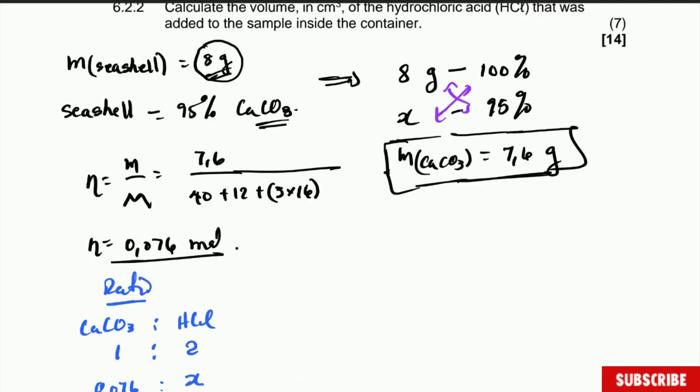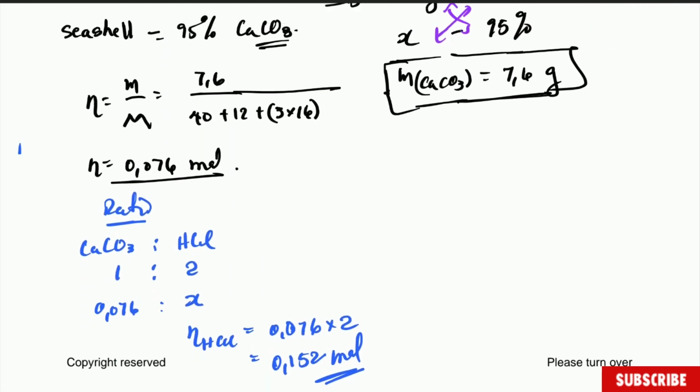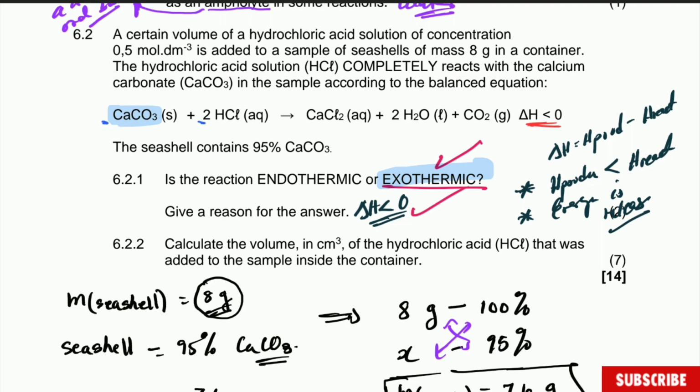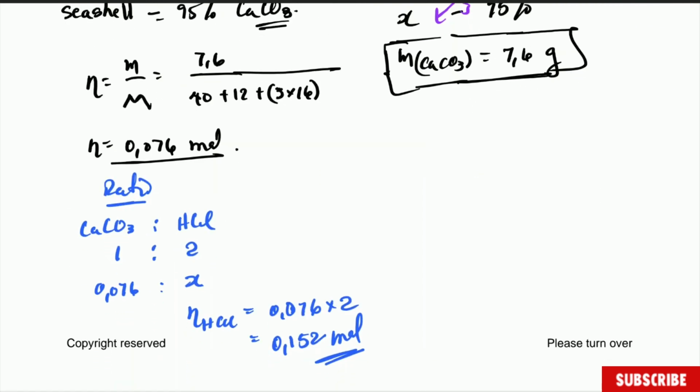All we have to do is to calculate what they want, and they want to calculate the volume of the hydrochloric acid. They are also giving you the concentration. So the formula we're going to use is the one for concentration, and that will be the end of the question. Concentration is equal to number of mole divided by volume.